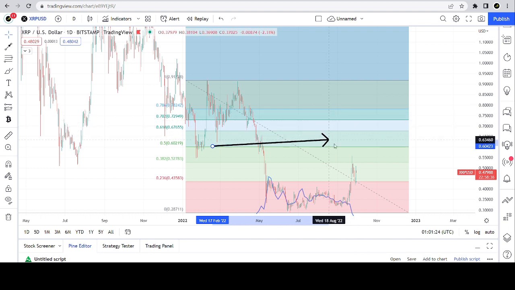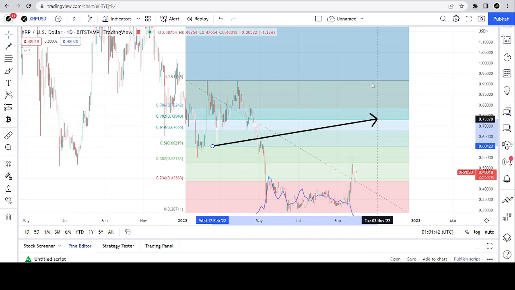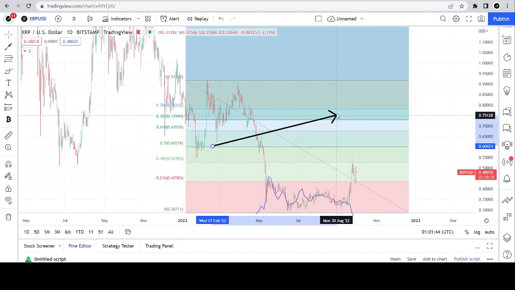My guess is it could be somewhere around here. That would be the 0.702 level right here. The lowest it's ever been was the 0.618, which is at this level right here. We'll see. So my guess is it could be somewhere around in here. Some have gone to the 1 level.